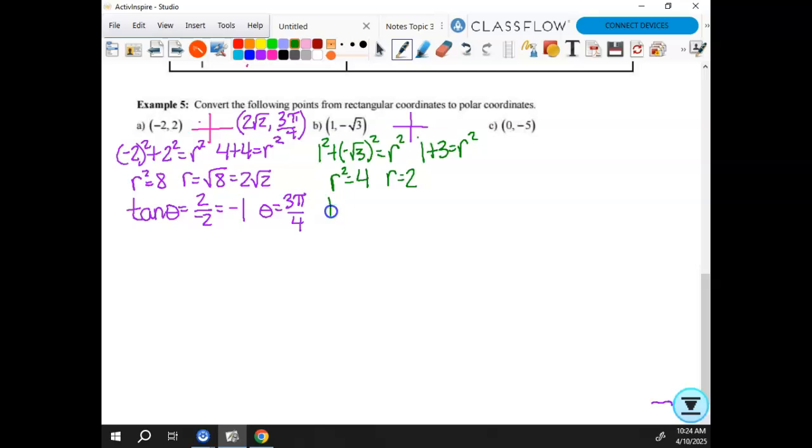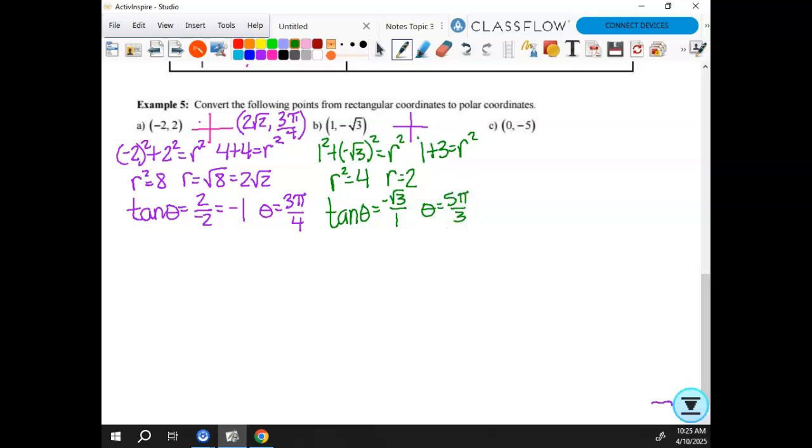And then tangent theta is y over x. So that's negative square root of 3 over 1. And I want a fourth quadrant angle, or rather, a third quadrant angle. The first quadrant angle that gives me a tangent value of the square root of 3 is pi thirds. So I need my third quadrant pi thirds angle, which is 5 pi thirds.